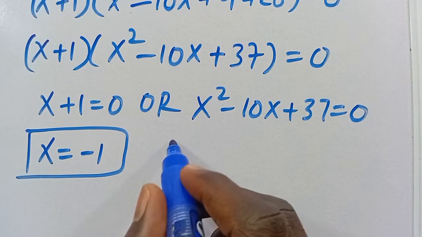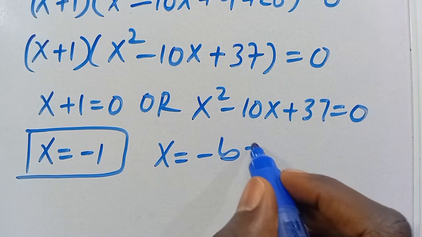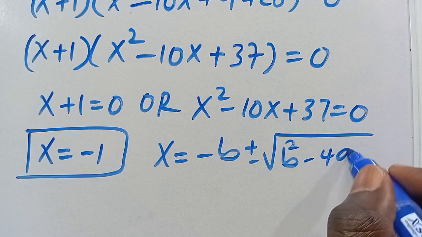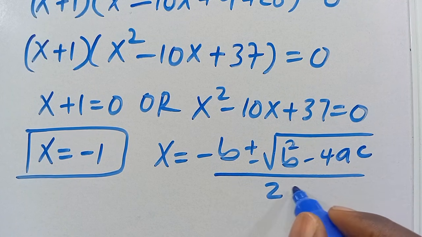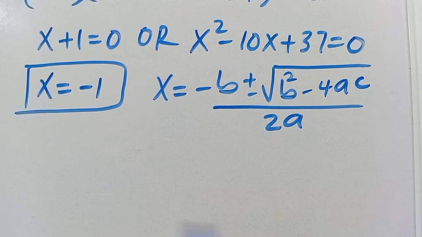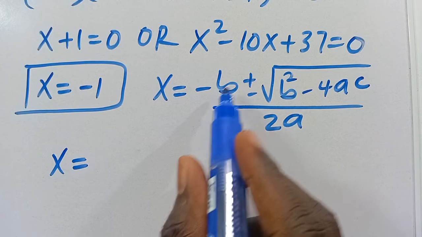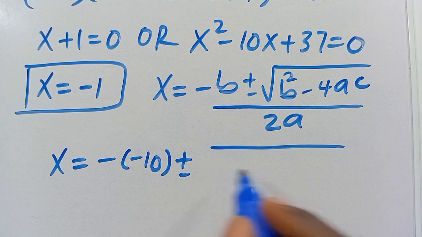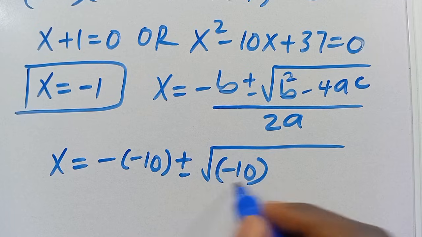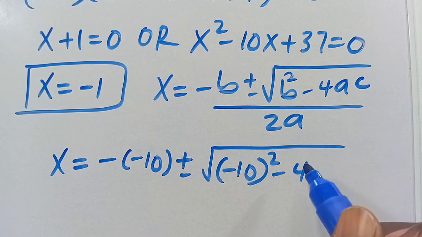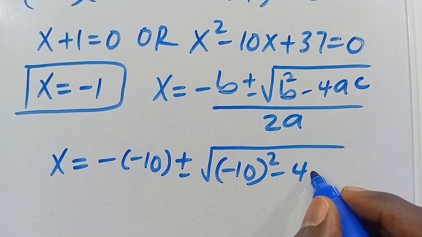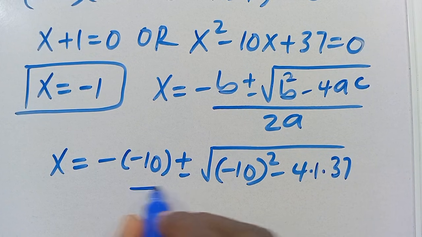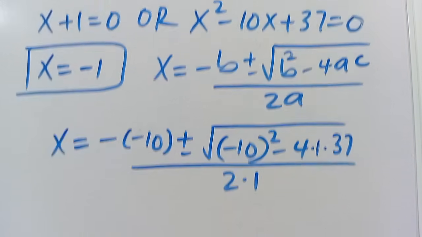Or we have from here, x equals minus b, positive or negative, root of b squared minus 4ac, divided by 2a. Minus b will give us minus minus 10, positive or negative, root of (-10)^2 minus 4 times a, where a is the coefficient of x squared, which is 1, multiplied by c, which is 37, divided by 2 times 1.